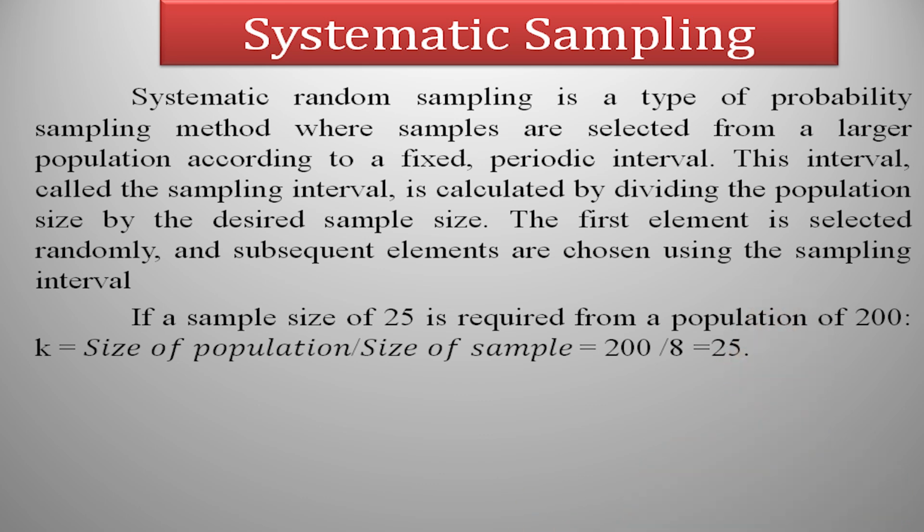For example, if a sample size of 25 is required from a population of 200, how to calculate? The sampling interval equals the total size of the population divided by the size of the sample, equal to 200 divided by 25, which gives 8.